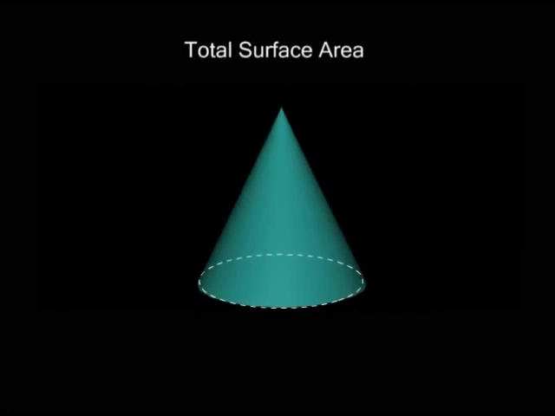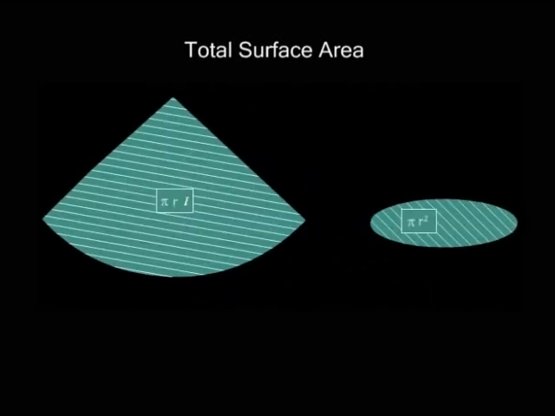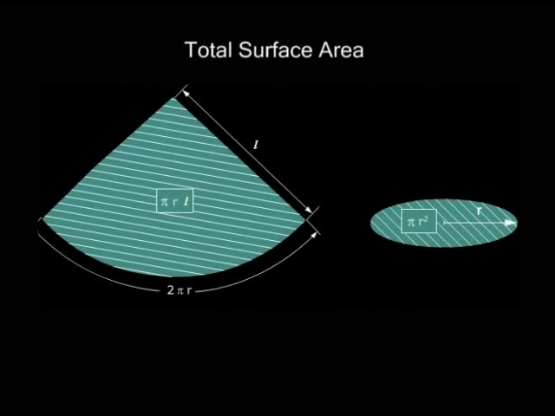For a closed cone with a base surface, when this cone is cut off, it forms a sector and a circle. The total surface area of the cone is therefore equal to the lateral surface area plus the area of the circle. That is pi r l plus pi r squared.